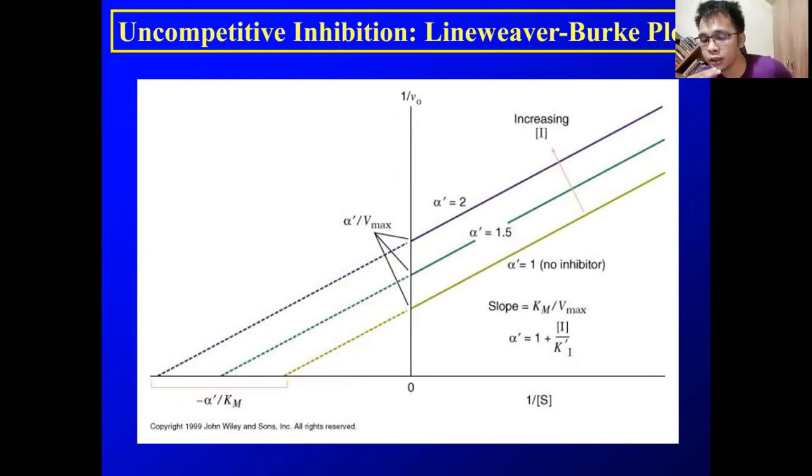And ganito yung magiging itsura ng graph niya na kung saan mapapansin ninyo, parehas lang naman yung magiging value ng slope natin for this one. Siyempre, ayan, hindi naman nagbabago slope. But as the concentration of the inhibitor increases, mapapansin niyo that the V sub O or the reciprocal of the velocity of the rate of the enzyme substrate reaction will decrease. Ayan.